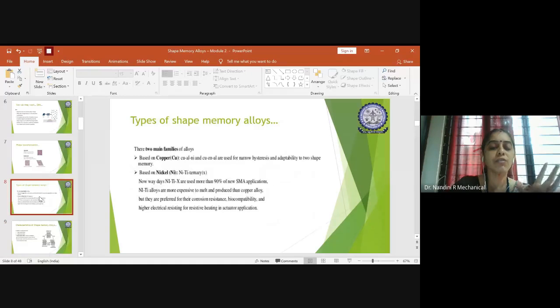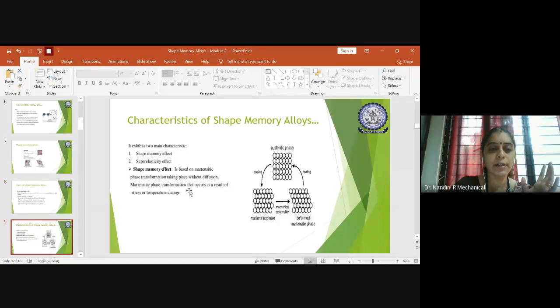So once the classification of two main families is clear, you should now understand the main characteristics of a shape memory alloy. Okay, the name itself suggests it has the capability to regain its geometry because of the memory concept. And hence one of the characteristics of a shape memory alloy is the shape memory effect.